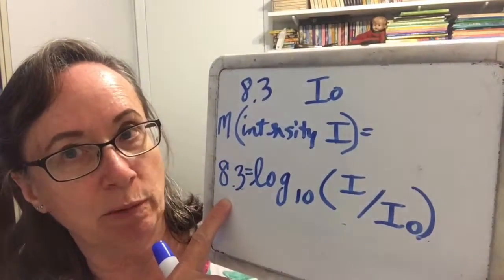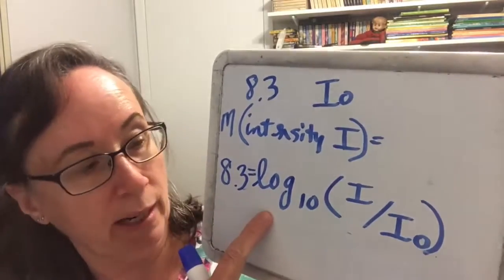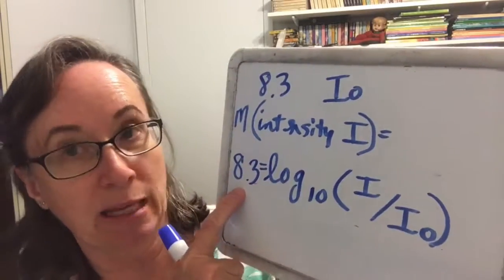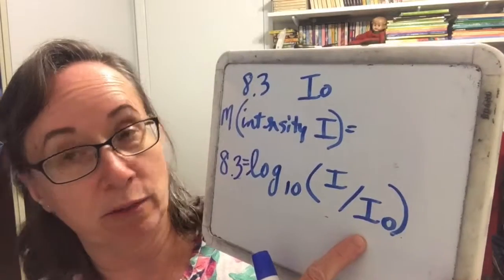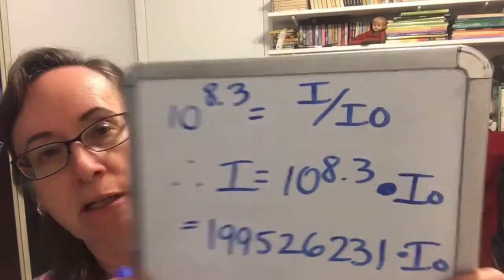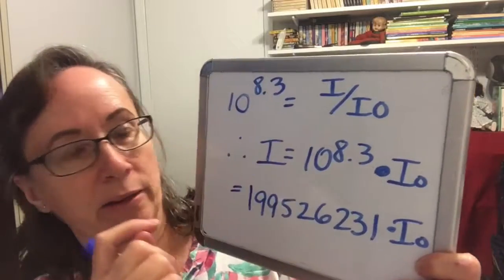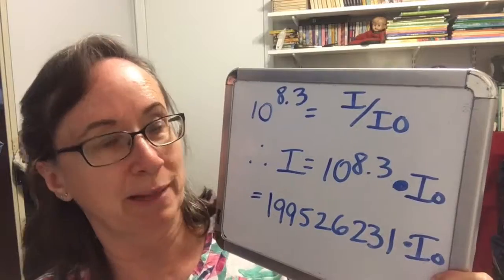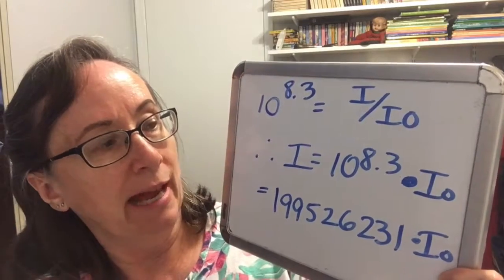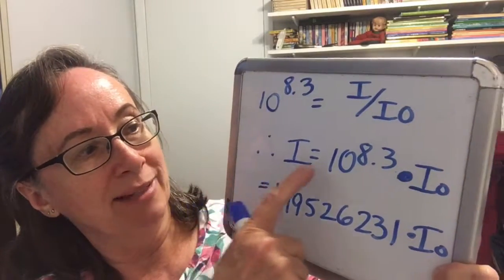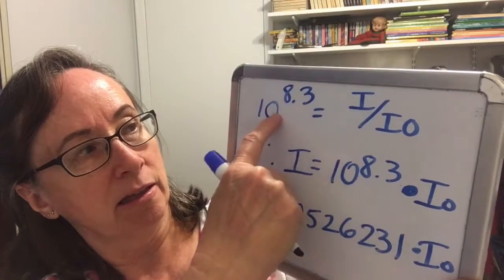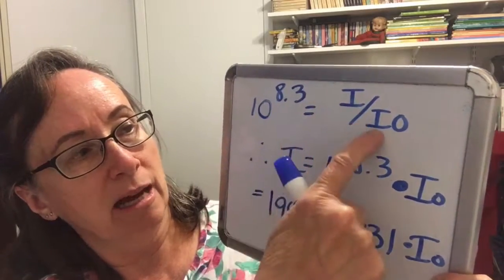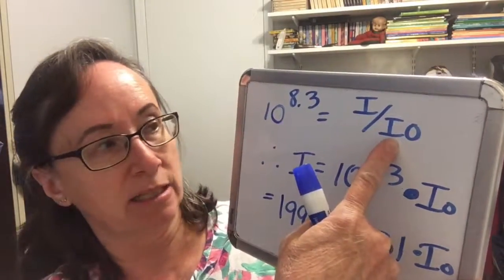Now what happens when we turn this logarithm around, we get 10 to the 8.3 as the argument, which is I over I sub 0. So this is our new equation. We've got 10 to the 8.3 is I over I sub 0, just turning the logarithm into an exponential. And then we have 10 to the 8.3 times the I sub 0 that's in the denominator.